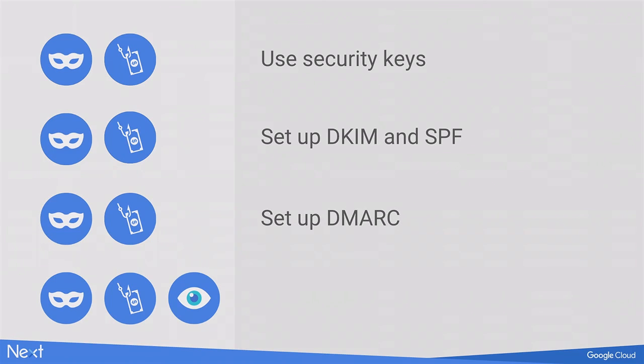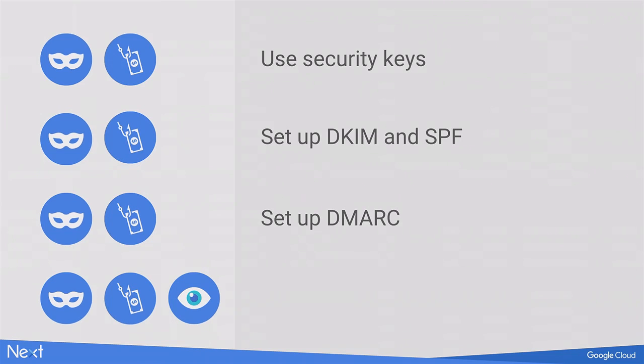Once you set up and configure DKIM and SPF, the next step is to set up a DMARC policy. After you did the first step, saying, hey world, this is how I send email, the next step is to tell the world what you should do if you get email that appears to come from me but fails those authentication mechanisms.